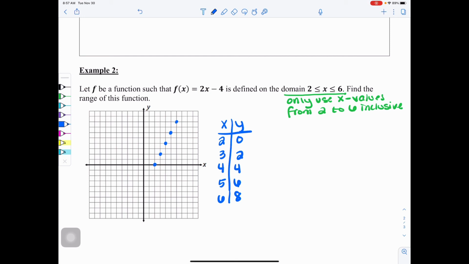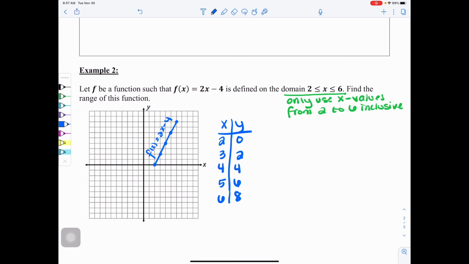Now when we connect these, it's important that we do not draw arrows. We are not allowed to go past 2 or past 6. So it creates a line segment, a portion of the graph. We'll still label it, knowing that our domain has been restricted.